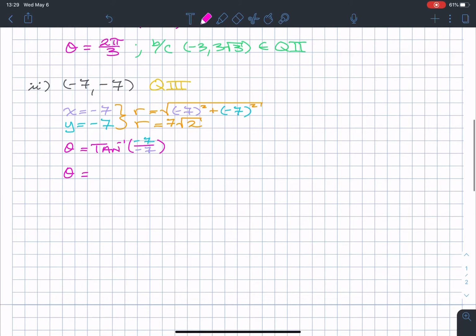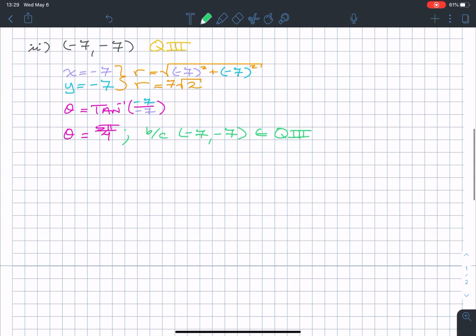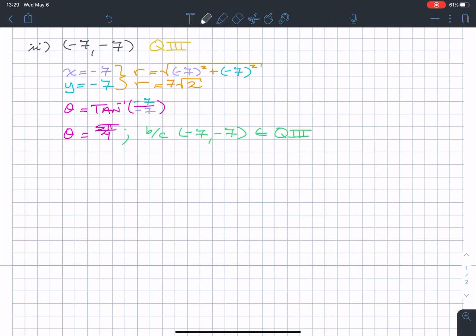But I'm in quadrant 3, so the 45-degree angle in quadrant 3 is 5 pi over 4. And this is because, once again, our point (-7, -7) is in quadrant 3, so I pushed the reference angle into quadrant 3.